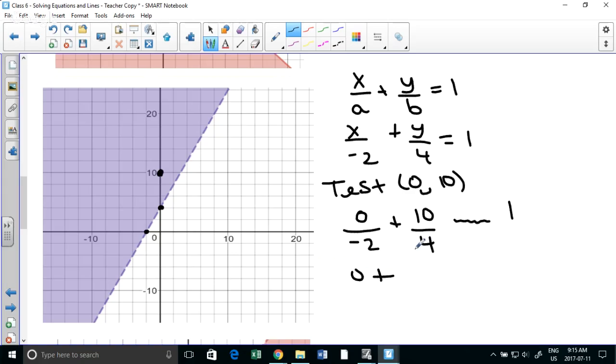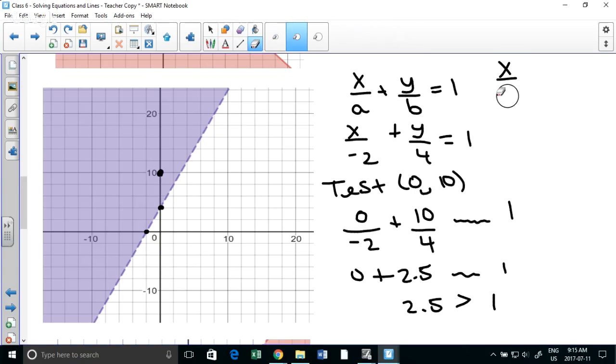So 0 plus, this is 2.5, something to 1. 2.5, 1. 2.5 is bigger. It's dotted, so it's just bigger. x over -2 plus y over 4 is greater than 1.